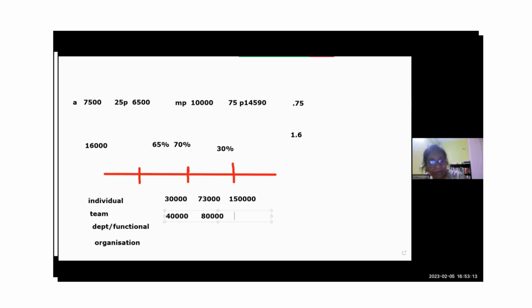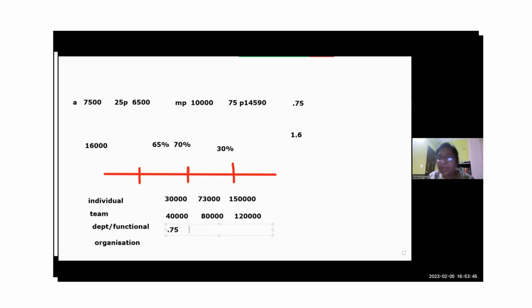Can you quickly calculate the Compa-ratio individually for all these people? This is the midpoint for the 30,000 base salary, this one for 73,000, and this one for the last. Quickly calculate. 0.75 for 30,000, exactly, 0.75.